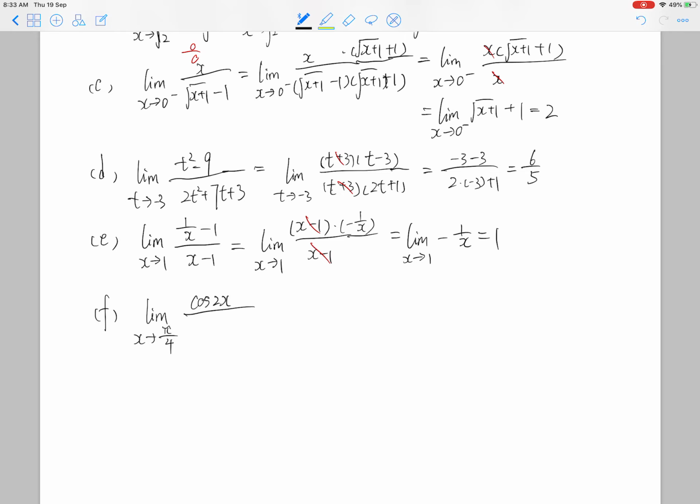Okay, this part is a little bit different. Cosine x minus sine x. Right, this part when subbing, is it not 0 over 0? Yes, it's still 0 over 0. Okay, then what should you do? Okay, so you have to notice what is cosine 2x? Cosine 2x is cosine x squared minus sine x squared.